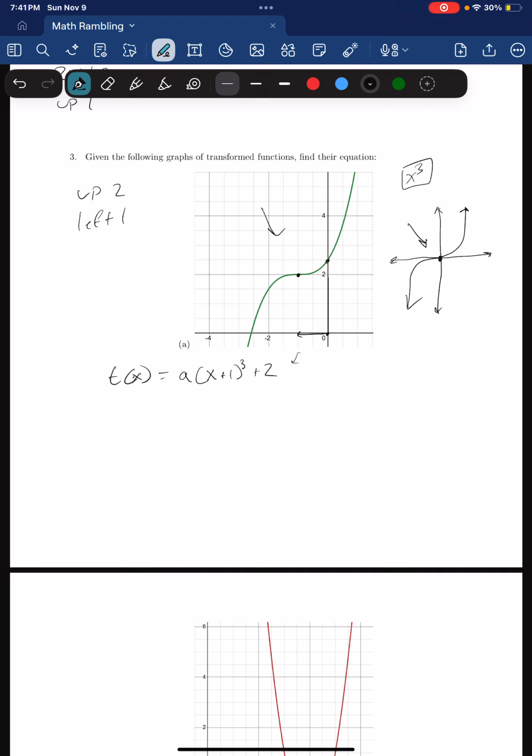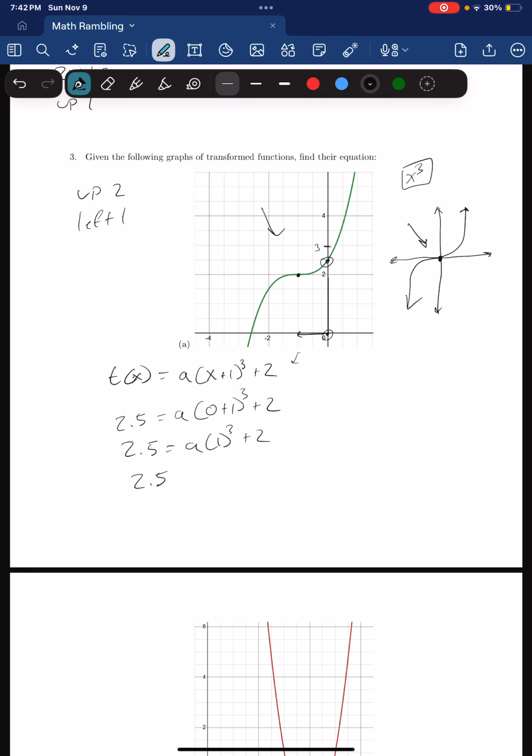So when x is 0, we have y equals, let's see, this is 3, so this would be 2.5. So we get 2.5 equals a times 0 plus 1 cubed plus 2, or 2.5 equals a times 1 cubed plus 2.